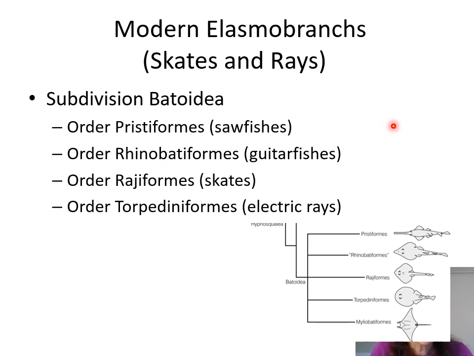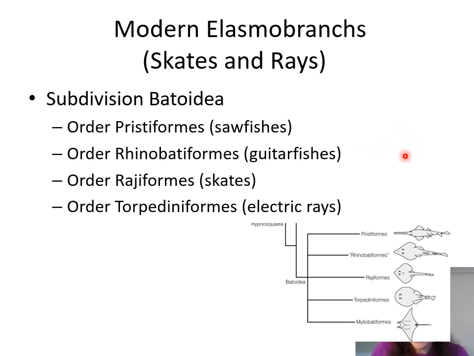The torpedo rays can generate anywhere from 8 to 220 volts. We've got 4 families, close to 70 species. And according to Google, which always is right on things, the ancient Greeks would actually use them as a kind of anesthetic for operations and to help numb the pain of childbirth, which is kind of interesting. Instead of an epidural, you get a torpedo ray. I don't know which one I would prefer.